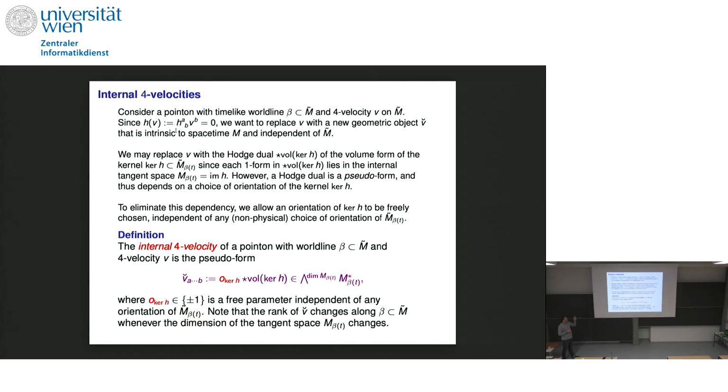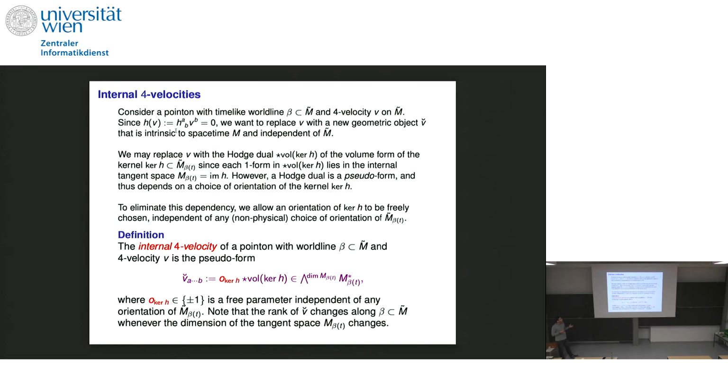Since v projects to 0 under H, we want to replace v with a new geometric object, we'll call it v check, that is intrinsic to spacetime M and independent of M tilde. So we may replace v with the Hodge dual of the volume form of the kernel of H, since each one-form in this Hodge dual lies in the internal tangent space along its world line.